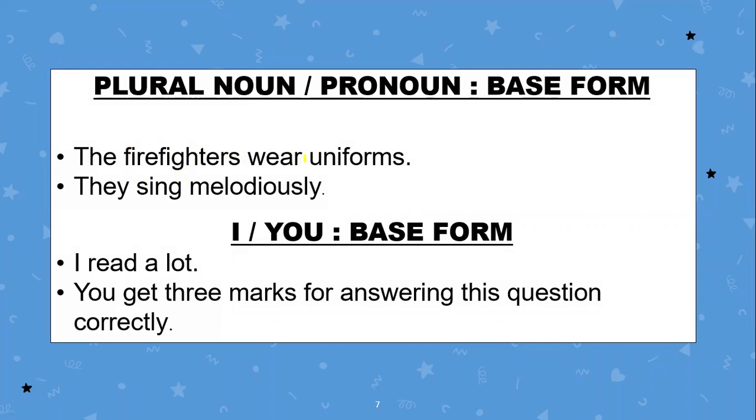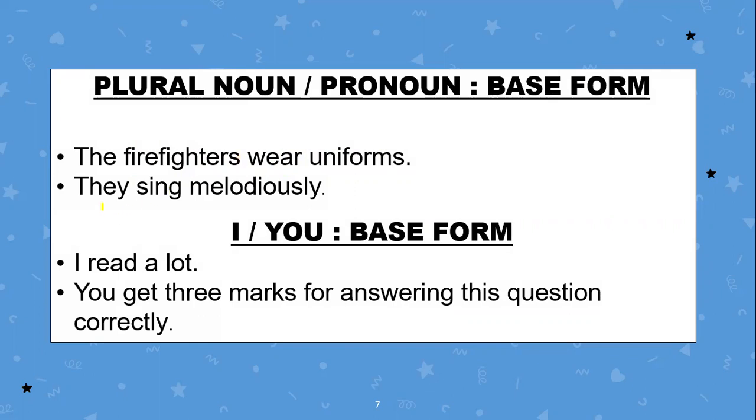We can't say the firefighters wears uniforms. No, that will be wrong. They are already plural, so they don't need any help, they don't need any friend. So we don't have to put anything. We have to use the base form, the verb as it is, meaning the root form.